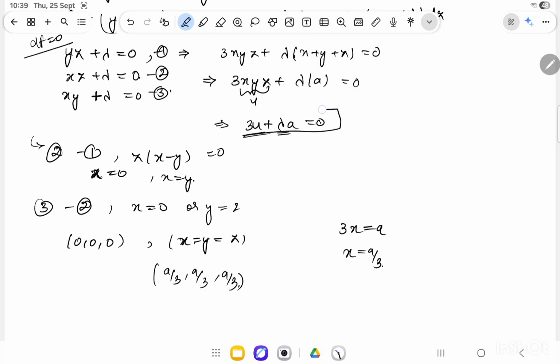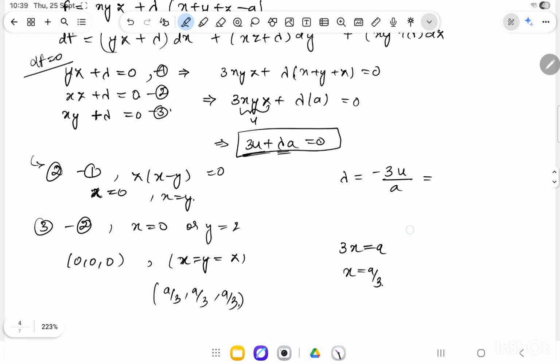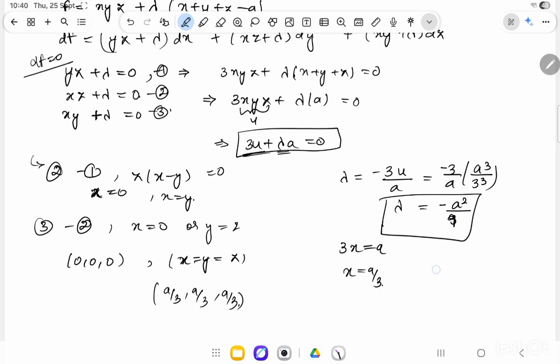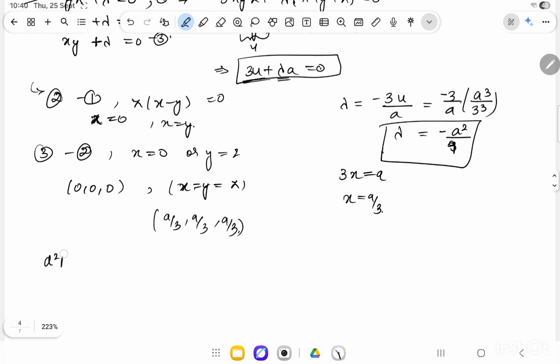Using the relation between lambda and u, we can get lambda as minus 3u by a, and u is xyz, that is minus 3 by a into a cube by 3 cube. That gives us minus a square by 9. This is our lambda.